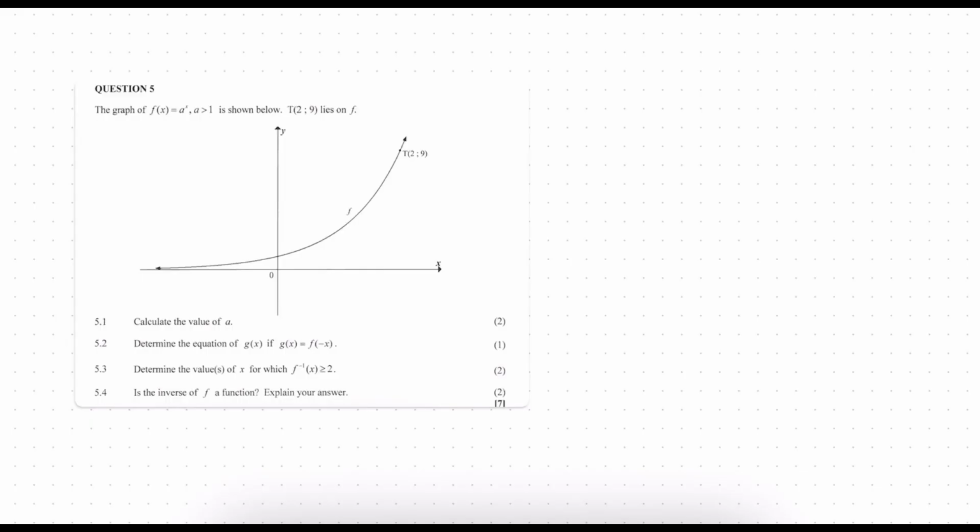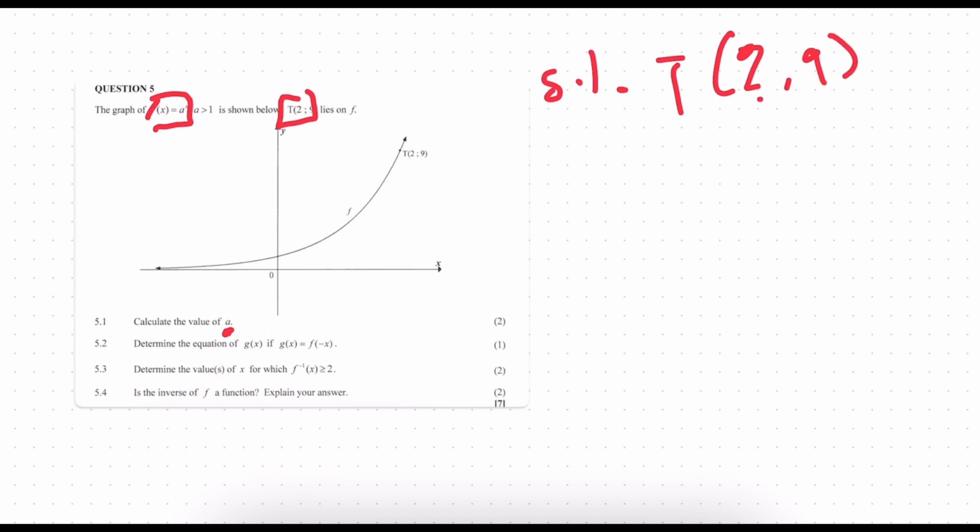Okay, now let's proceed to this exponential function question, which says you have to solve for a if this graph has this equation and there's this point. It's simple. This is 5.1. You have a point which is (2; 9), right? You must know this is x and this is y, right?